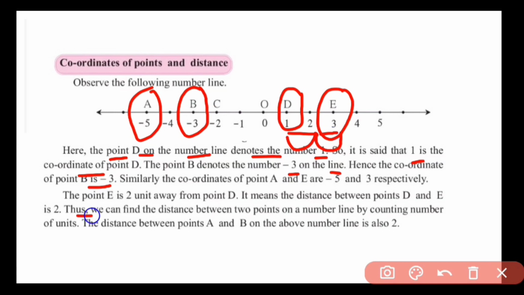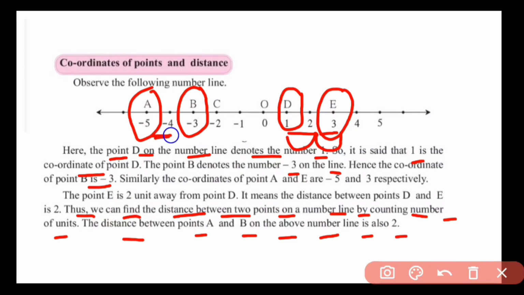So we can find the distance between 2 points on a number line by counting the number of units. The distance between point A and B on the above number line is 2. Can you see that between A and B the distance is 2? That means we have to count the points and the distance between them.